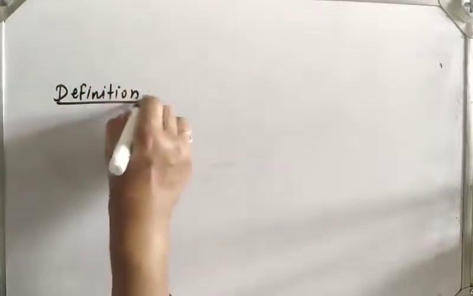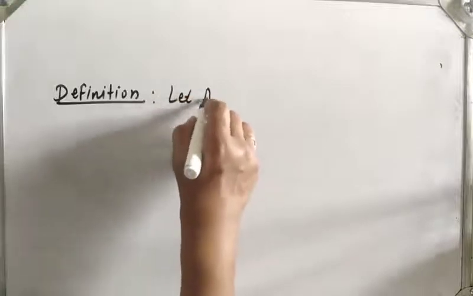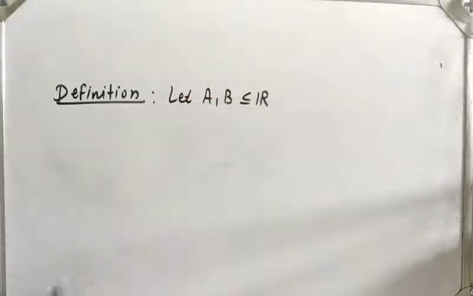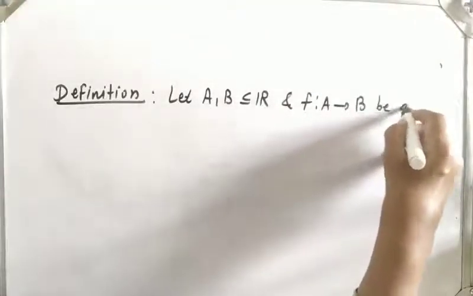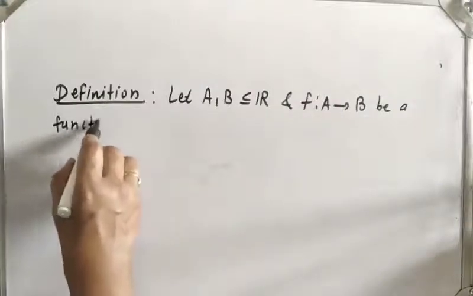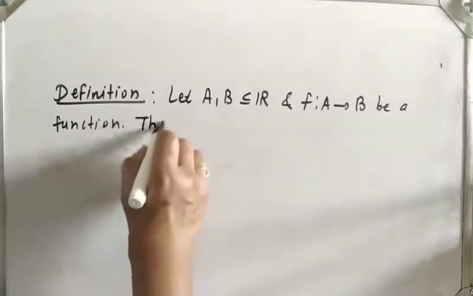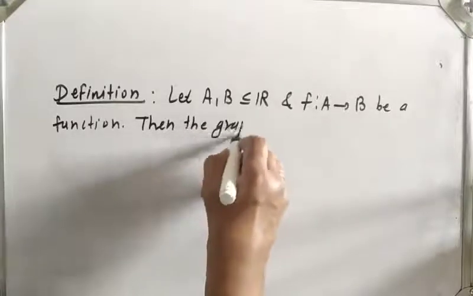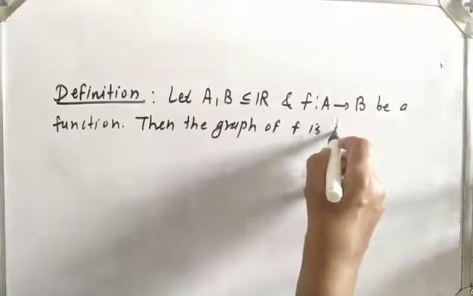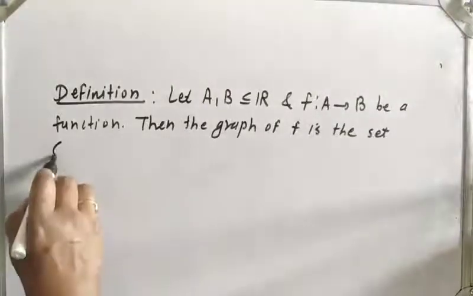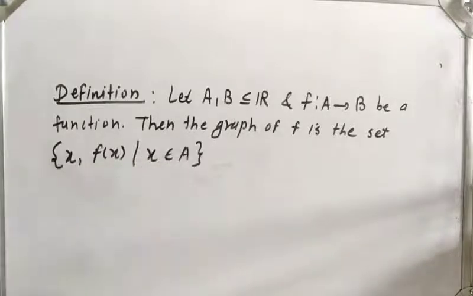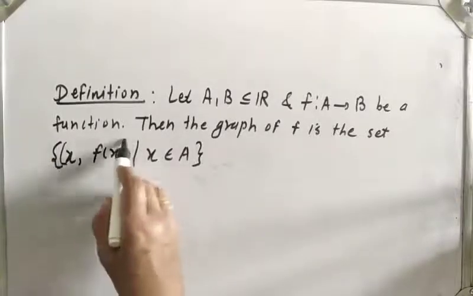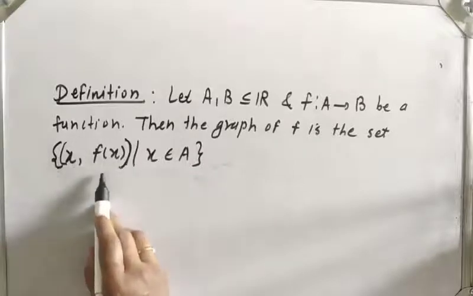Definition: let A be a subset of R, the set of real numbers, and let f be a function from A to B. Then the graph of f is the set of x comma f of x, where x belongs to A, x belongs to domain. Graph is nothing but the set that includes the ordered pairs x and f of x.